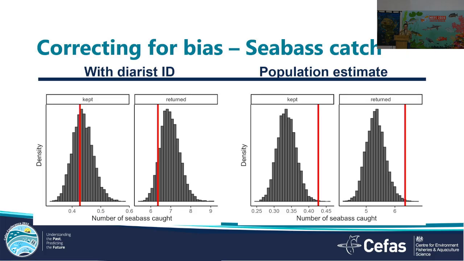And then we run it again without the diarist ID, and we ask the model predictions to average over the diarists. That gives the ones on the right. You can see that it gives a constant reduction in the catch estimates. We can interpret that as the model correcting for the small number of diarists that catch a lot of CBAS, so it generates slightly smaller results.